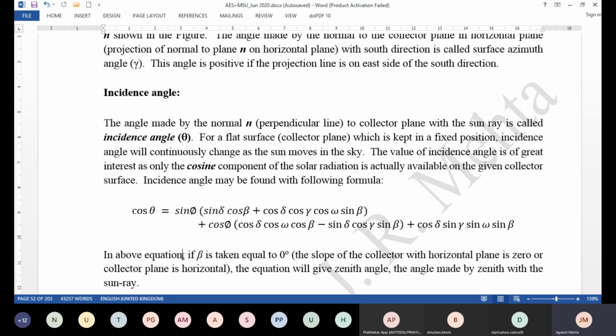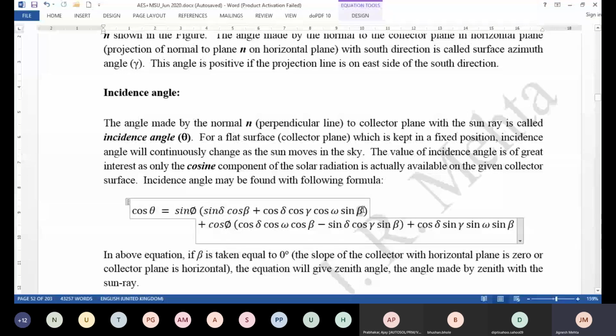Now, in that case, this formula will get quite simplified because beta is equal to 0. So you can take this as an assignment. Maybe formally I will give an assignment the way I have given one today, and I hope you are able to access that. If your beta is equal to 0, then sine 0 is 0, so this term will vanish.